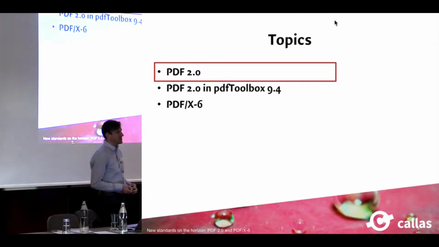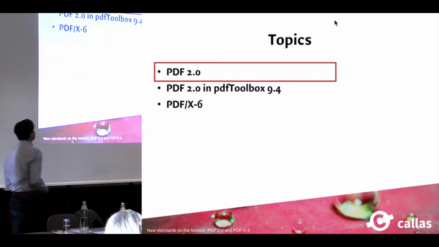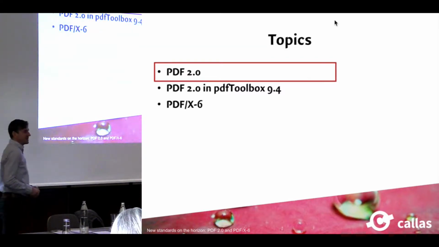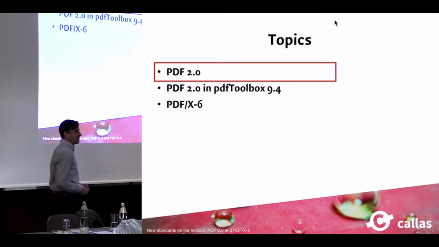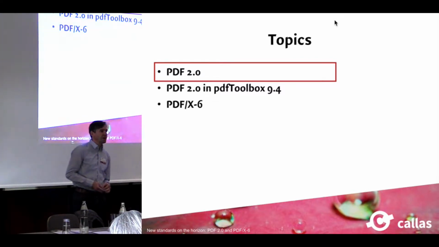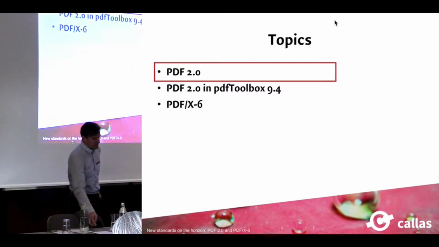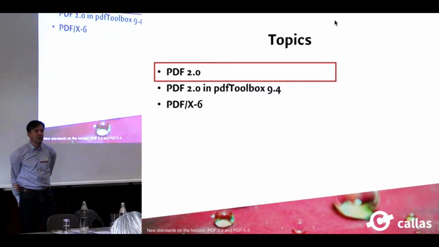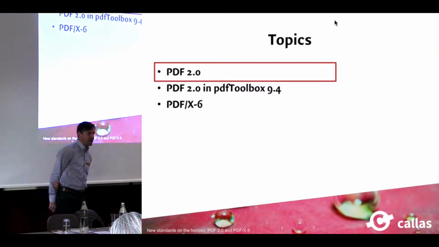And actually we have that here on the agenda. It's pdfToolbox, PDF X-6, so a new version, a new standard part for PDF X, and also what you can do since we recently released pdfToolbox 9.4 in our products with regards to pdfToolbox.